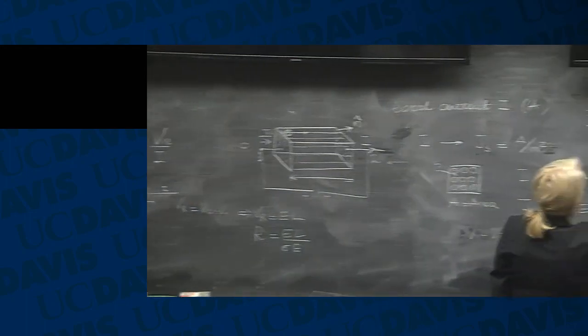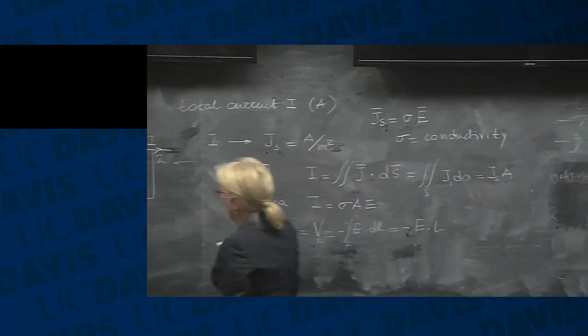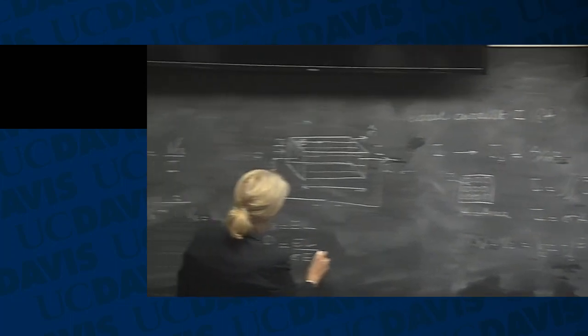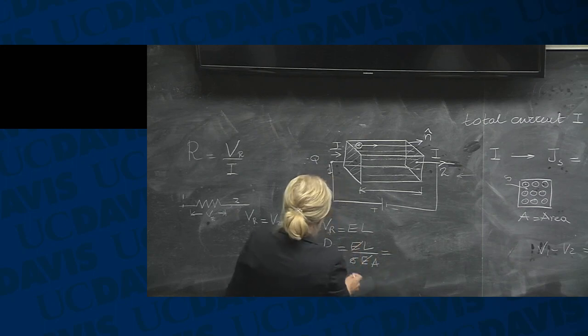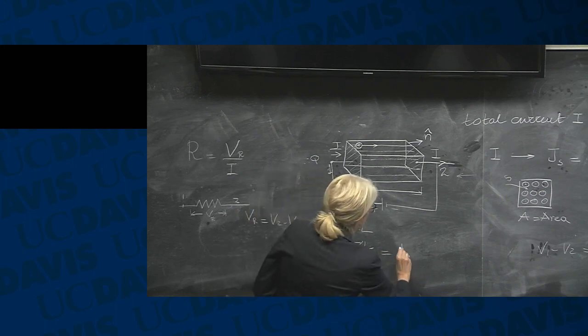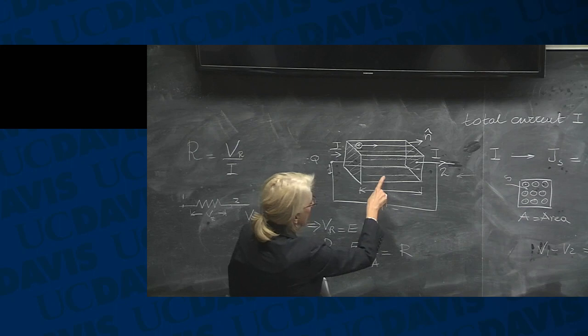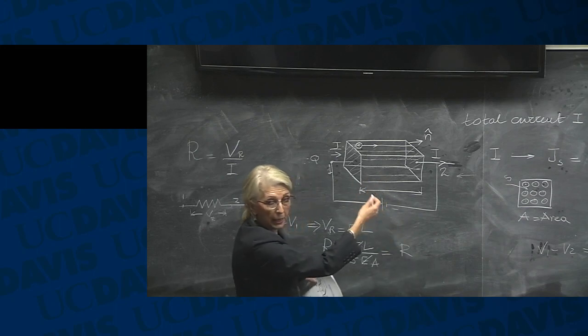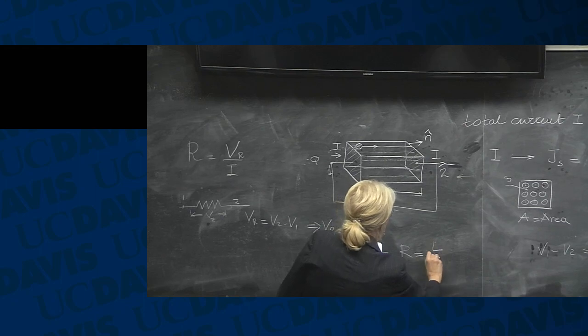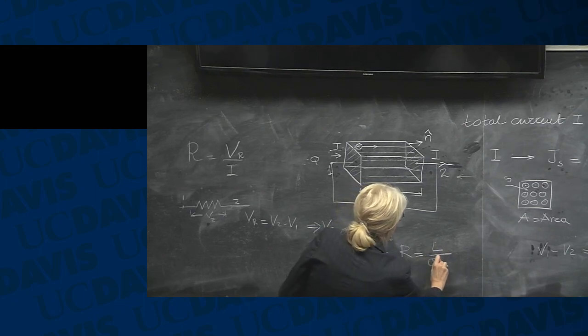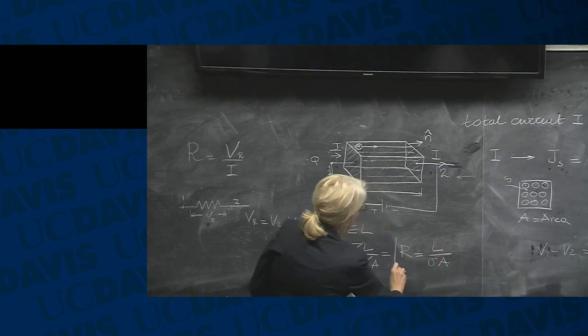Is JS, which is sigma E, times the area A. And therefore, what you find for the resistance of this simplistic and ideal element is that it's equal to the length divided by the conductivity times the area.